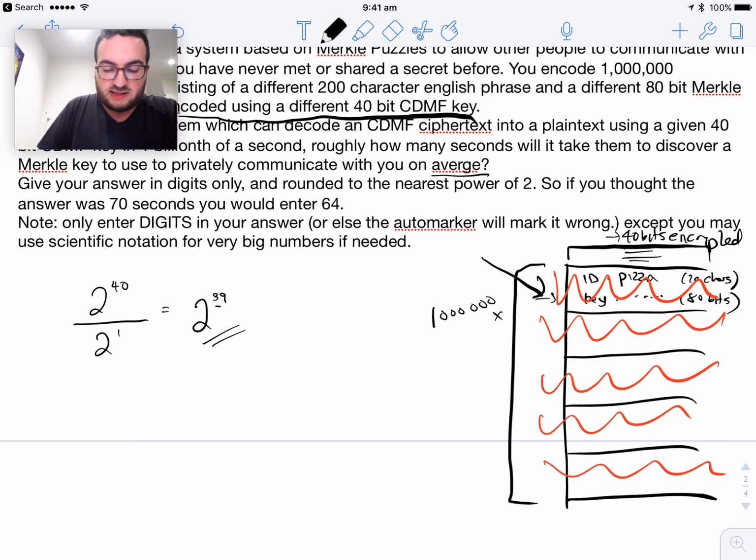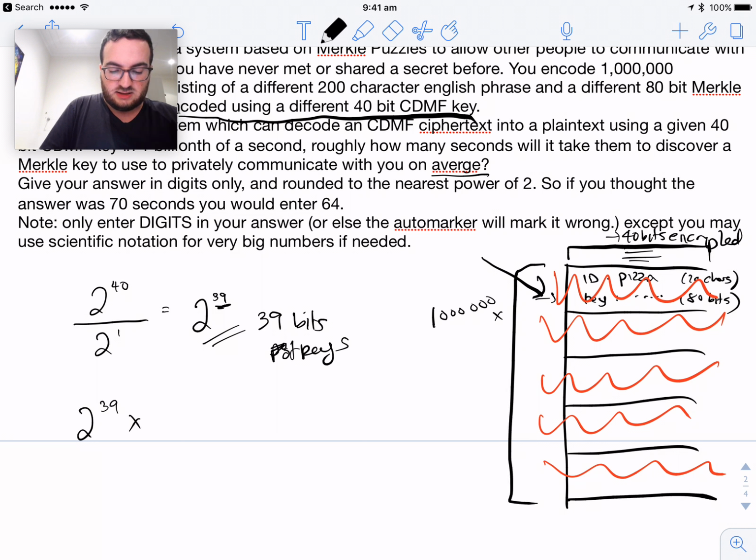But there's another way of writing that. Remember when talking about bits of security, it just means 39 bits of work that I need to do. 39 bits of keys. So, very complicated way, it means I'm just going to have to do 2 to the 39. If that makes sense.